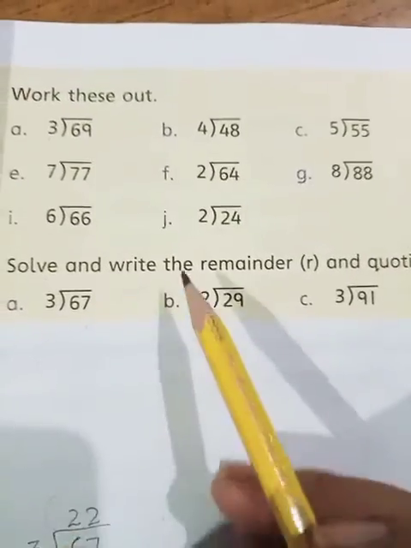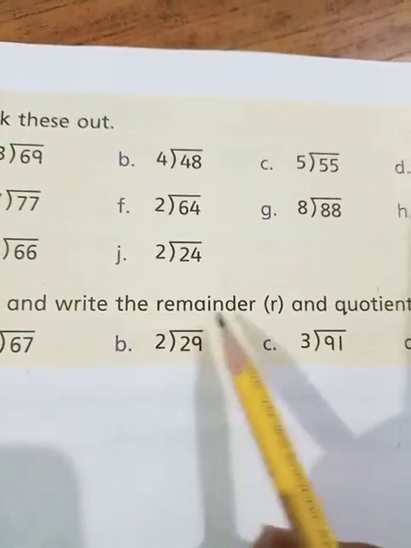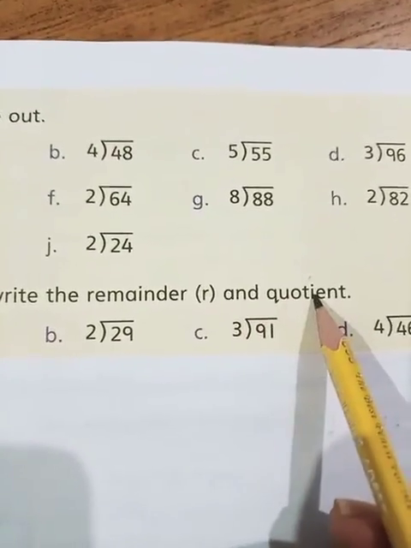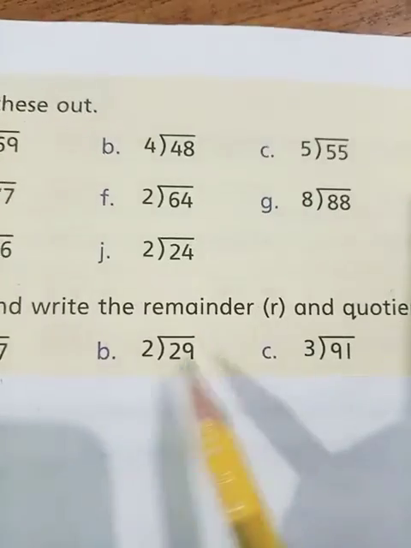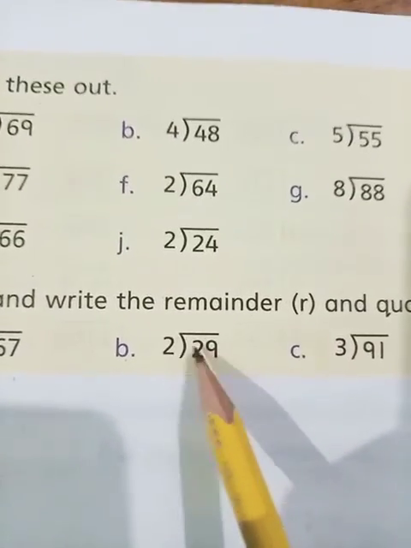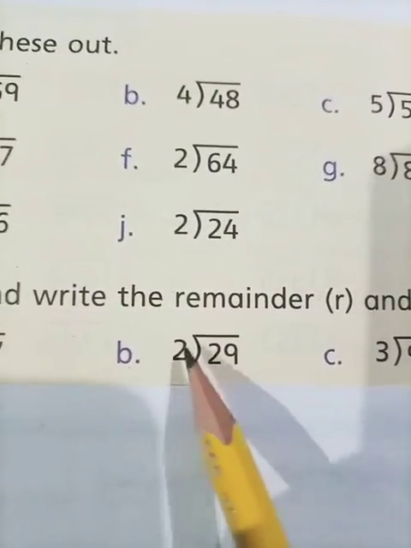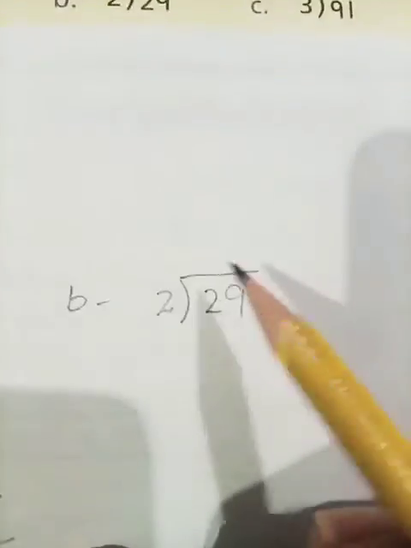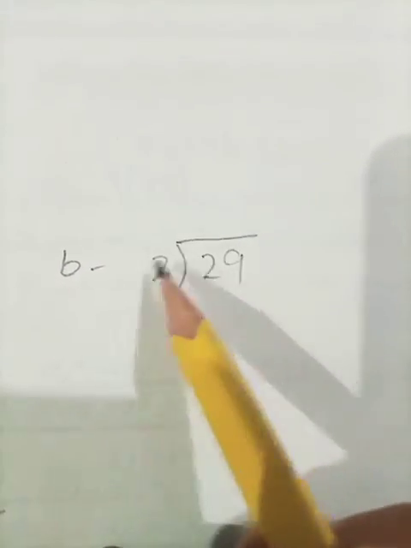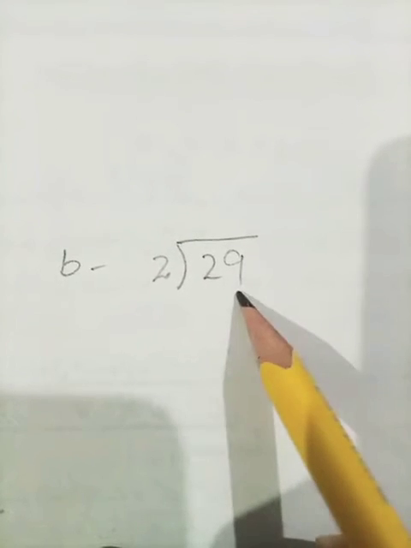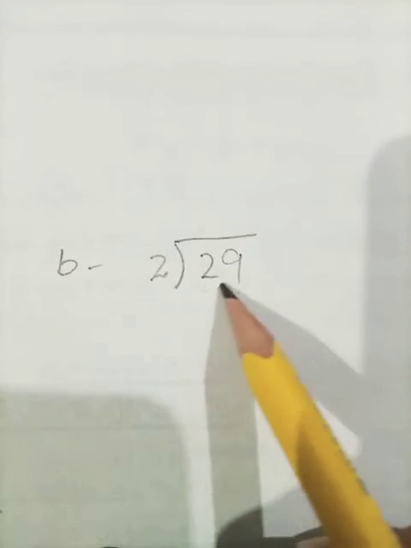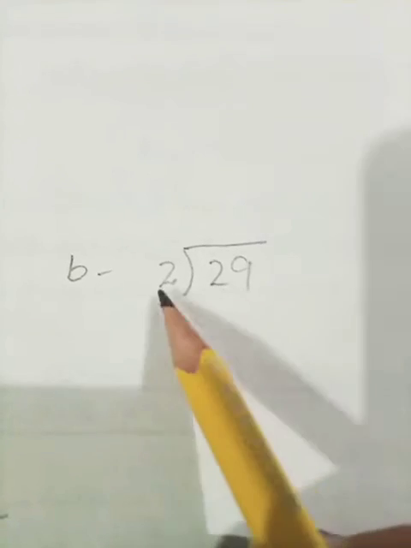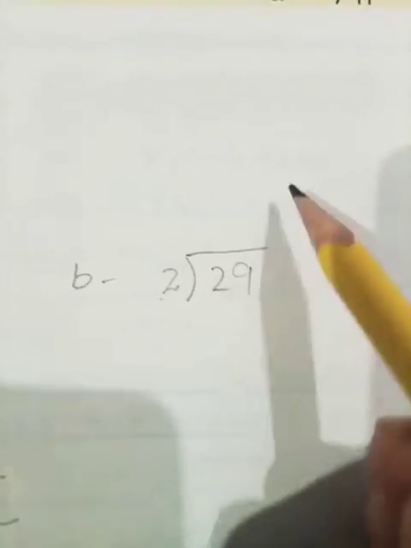So students, as in the statement, we have to write the remainder and the quotient. Now the next question, part B, in which we are dividing 29 by the number 2. Let's divide it. Now students, firstly compare our divisor with the dividend. As the first digit is equal to our divisor, we can divide it first.